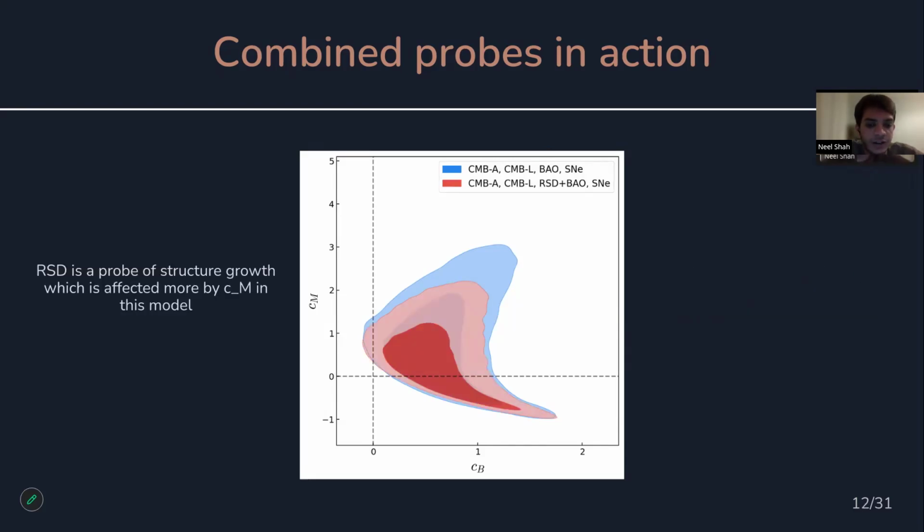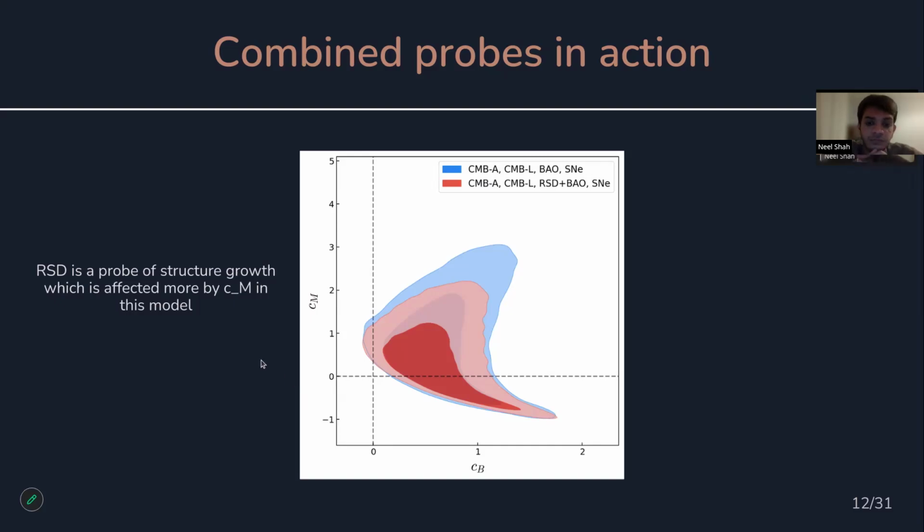So when we add redshift space distortions, we find an improvement in the uncertainties on CM, but we don't see much of a change in CB. Redshift space distortions are a probe of the growth of density perturbations in the late universe.